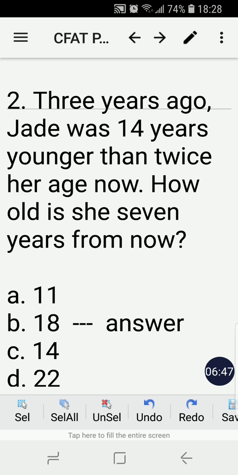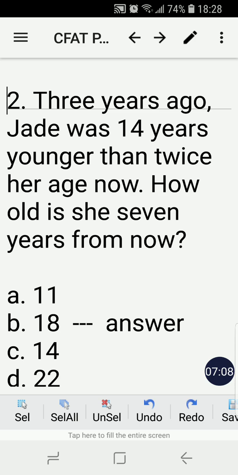Number 2 is very similar to number 1, except in this case it starts with the past and the unknown is in the future.